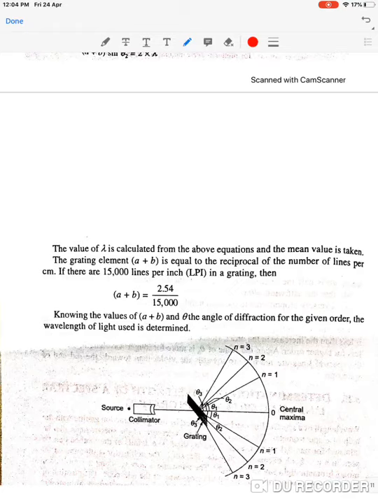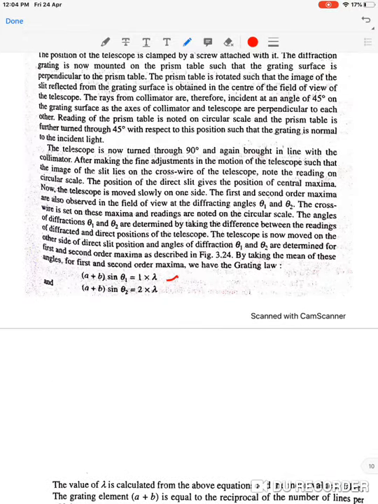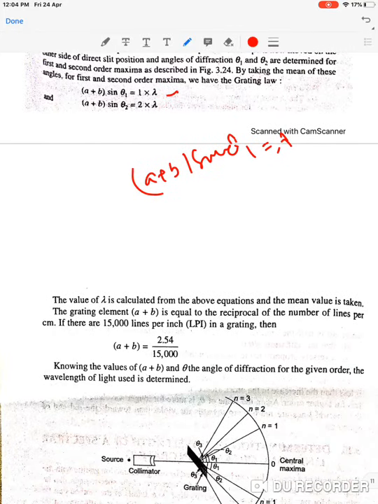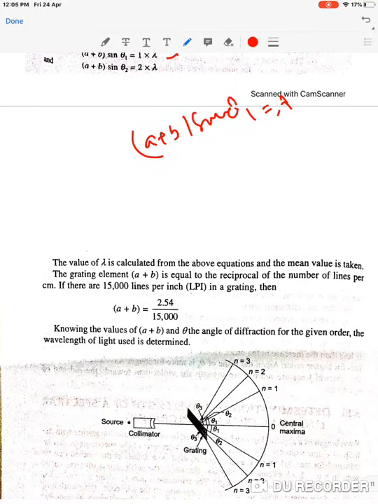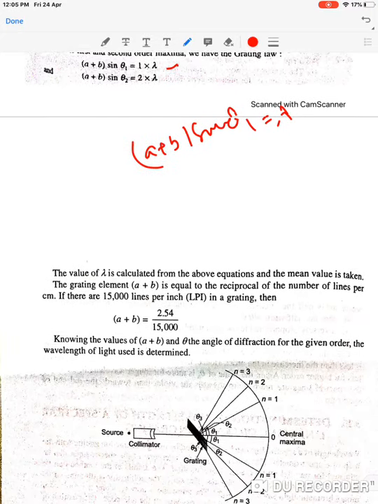For n equal to 1, n equal to 2, n equal to 3, and so on, we get different angular separation values, and we put those in this equation. For n equal to 1, (a plus b) sine theta 1 must be equal to lambda, and similarly for the second order. The arrangement is done by the Schuster method, and we did this experiment on the spectrometer, so the wavelength of any source can be found using a plane diffraction grating.